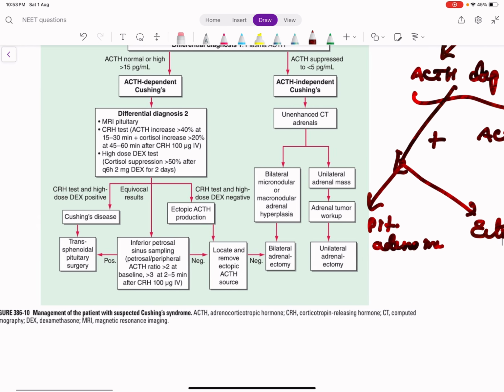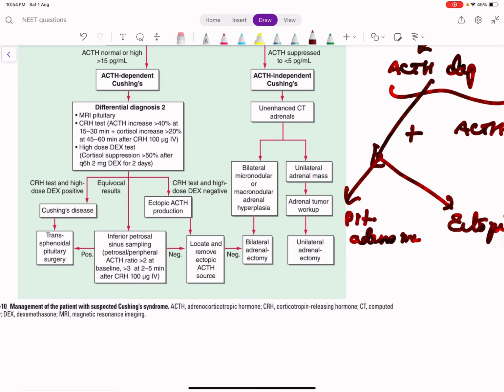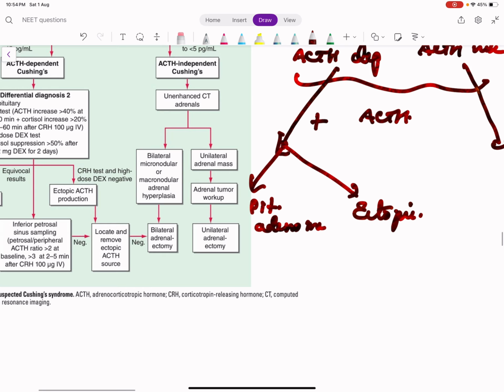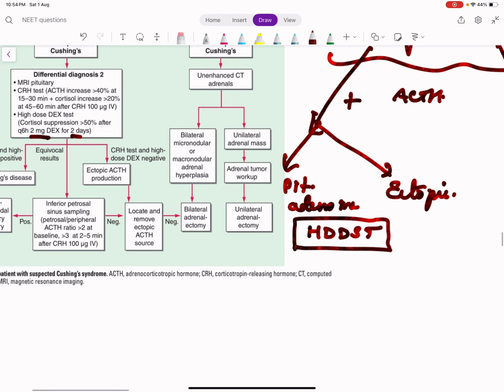So how will you differentiate? Obviously we can do an MRI of the brain. We can do a full body scan to look for things, but in the hormone wise evaluation, we can do the high dose dexamethasone suppression test. We give 2 milligrams of dexamethasone every 6 hours for 2 days. Pituitary adenoma can get suppressed with high dose dexamethasone, but ectopic secretion of ACTH cannot be suppressed.